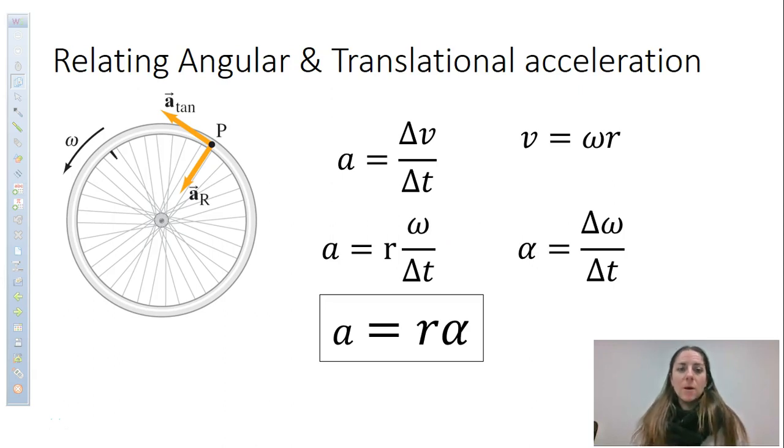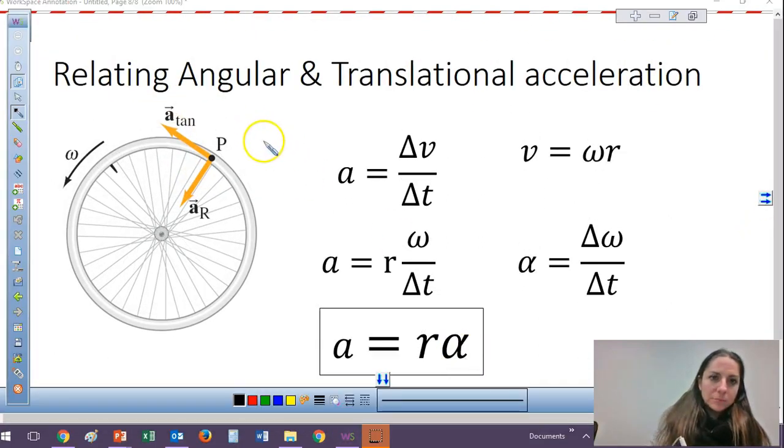So it turns out that you can actually write linear acceleration as a component of the angular, right? Just like we had earlier. If I want to know the linear acceleration at that point, I can take r times alpha. So alpha is actually not demonstrated here. So alpha would be a curve like this.